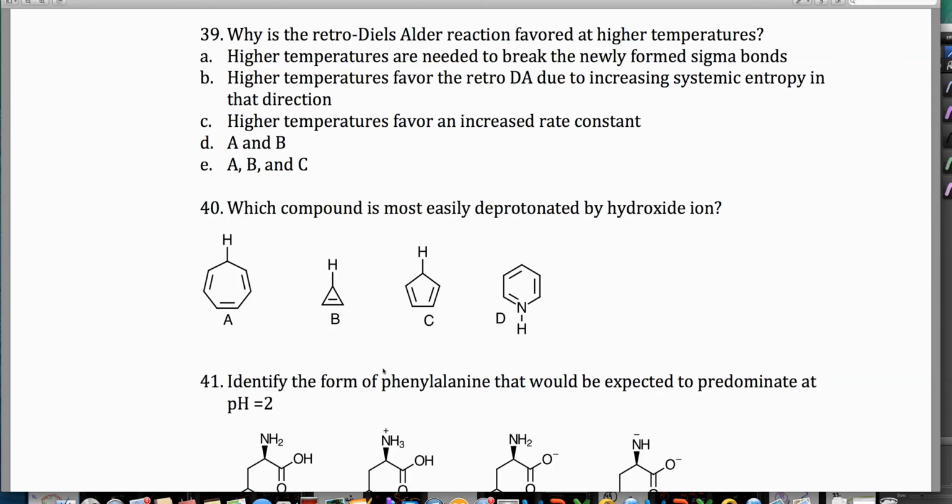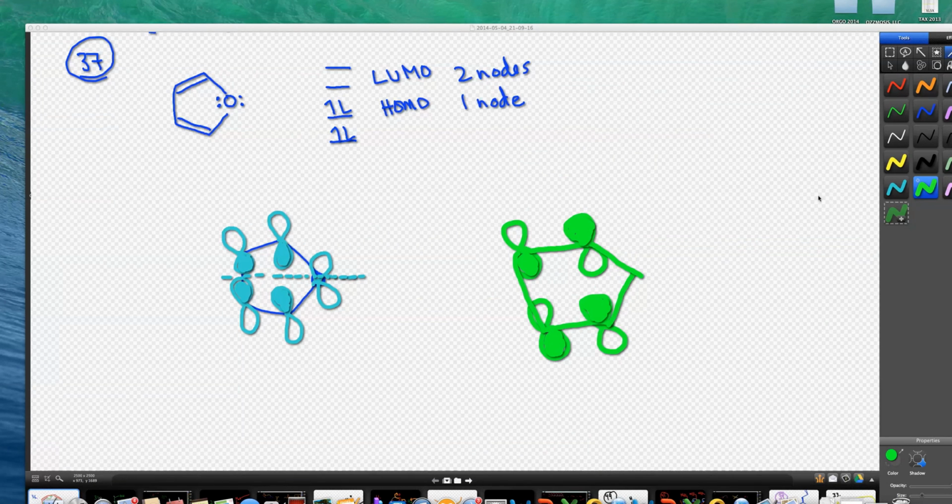Finally, number 40. Which of the following is most easily deprotonated by hydroxide ion? The answer to that one's going to be C. Let's talk about the cyclopentadienyl anion. So in the reactant, we have a non-aromatic compound.